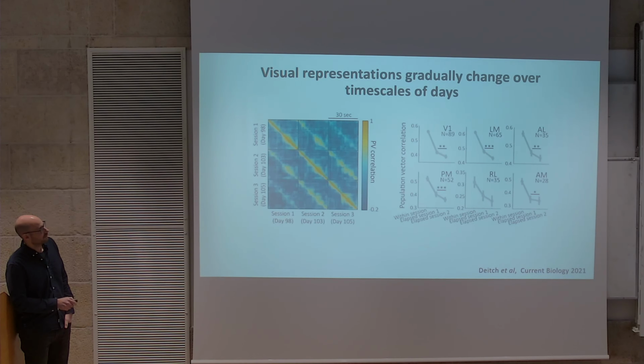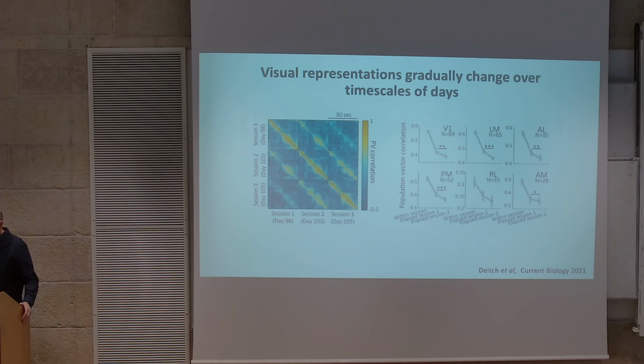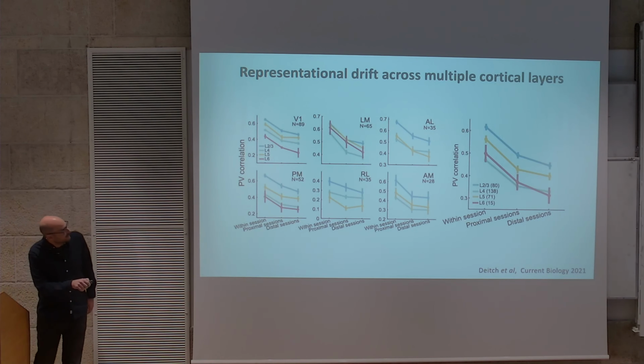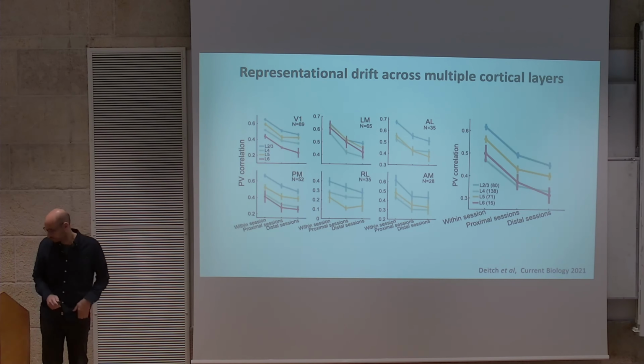You can see the same thing across the many tens of mice across all the 6 different cortical areas. And what is nice is that they also record from different layers. If we pool together the data from the different layers, we see that drift occurred in all these different layers of the cortex. Different layers had different, I would say, intrinsic stability, but all of them display drift.